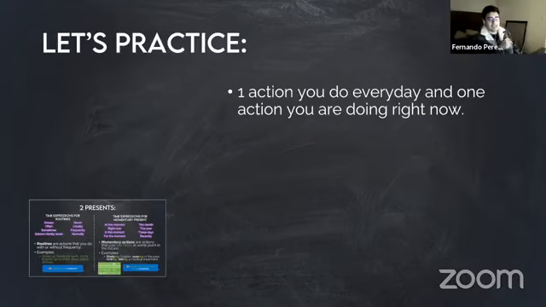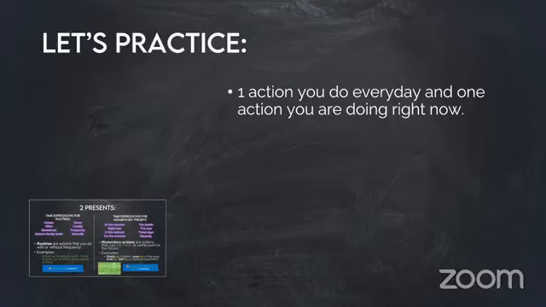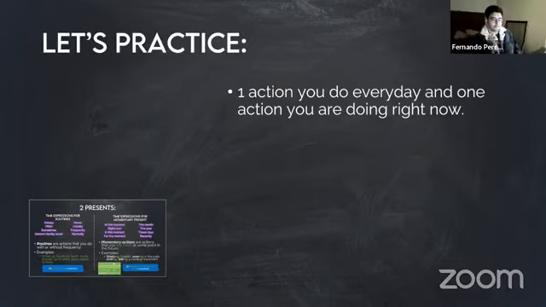Similar exercise, let's go with Arthur. Give me one action you do usually and one action that you are doing right now. In my case, for example, I have breakfast at 8 o'clock. Perfect. In this moment, I'm writing a technical report.